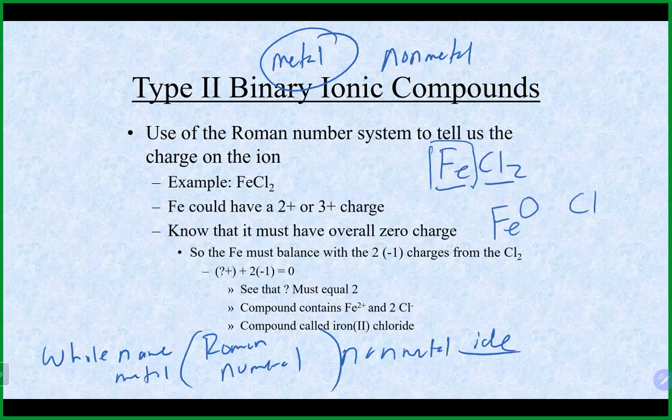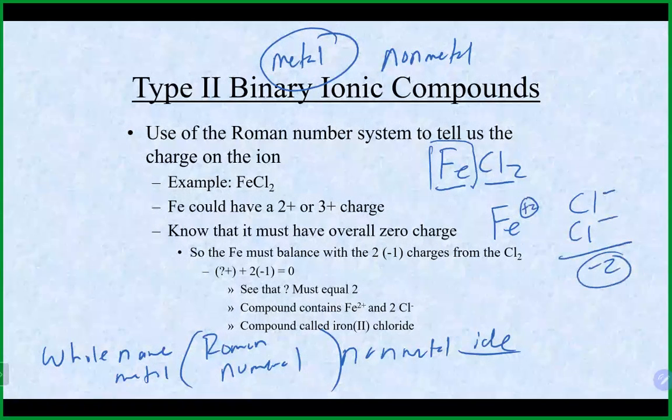So chlorine is group 7, which means it has a -1 charge, and there's not one of them, but there's 2 of them, which means the overall negative charge is -2. So to get it to 0, the iron has to be +2 in this case. So the name here would be iron, Roman numeral 2, because of the positive charge, chloride.